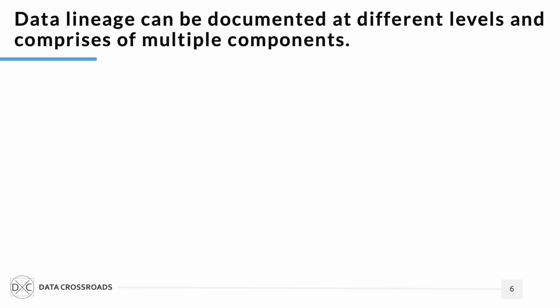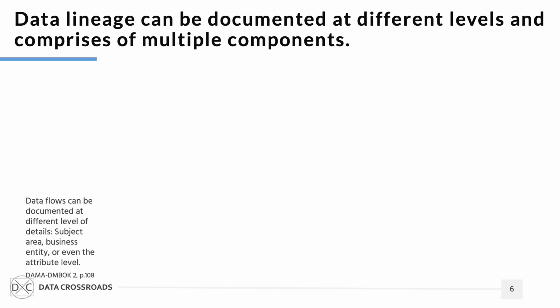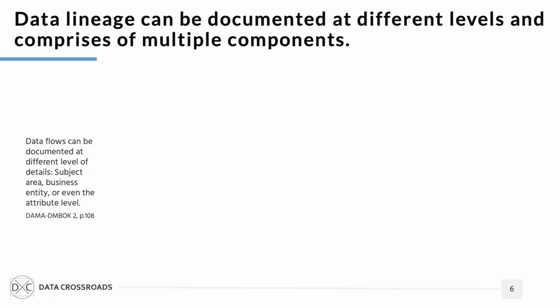Let's first take a look at the first statement provided by DAMA. DAMA stipulates that data flow can be documented at one of the three data model levels: subject area, business entity, or data attribute. As we have already identified that DAMA considers data flow as a type of data lineage, we will apply this definition to data lineage.